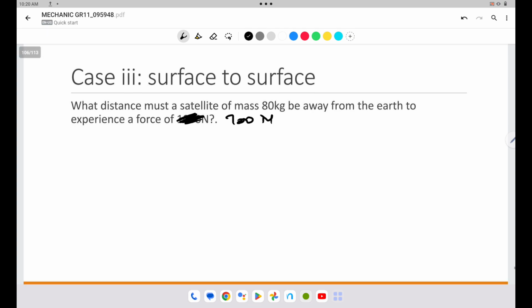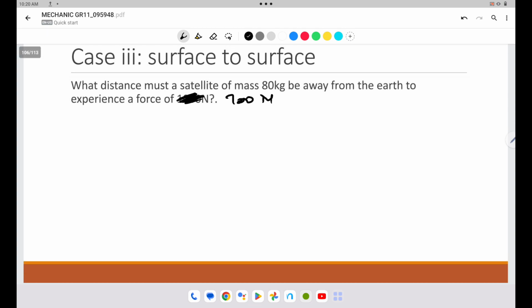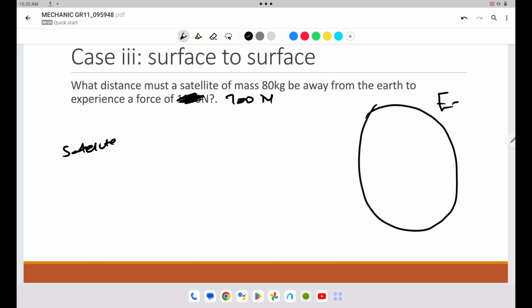Okay. So objects of interest, we have a satellite, yeah. And then we also have Earth. So we are being told that the satellite experiences a force of 700 newton. So that is a force exerted by Earth on moon.